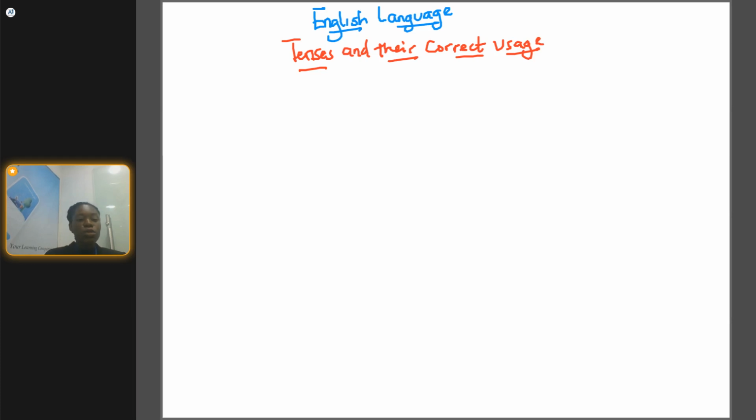Then we looked at rule number two, the rule of I and you. The pronouns I and you always take a plural verb. In the first rule, we said a singular subject has to take a singular verb, and a plural subject has to take a plural verb.